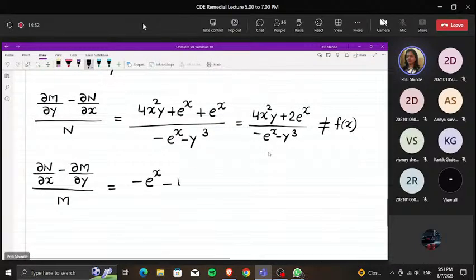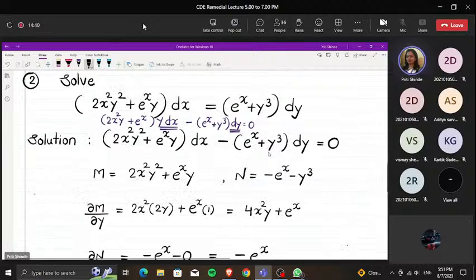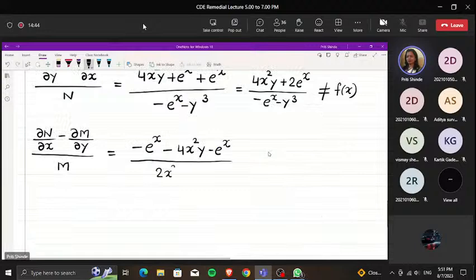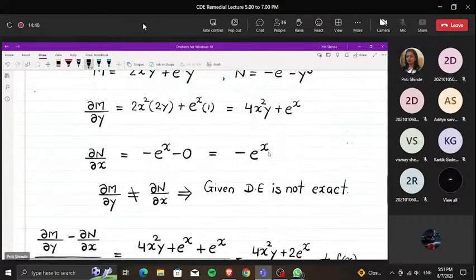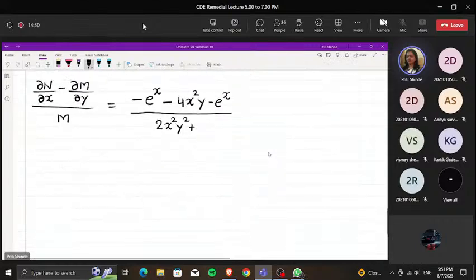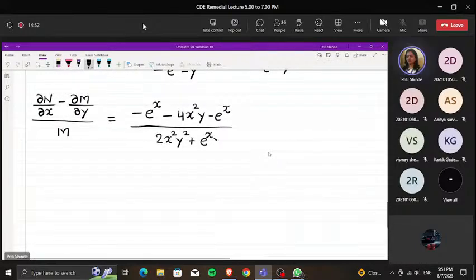The sign is minus, so minus 4x square y minus e raised to x, divided by m. What is m? 2x square y square plus e raised to xy. Just replace the values of the derivatives and m and simplify.